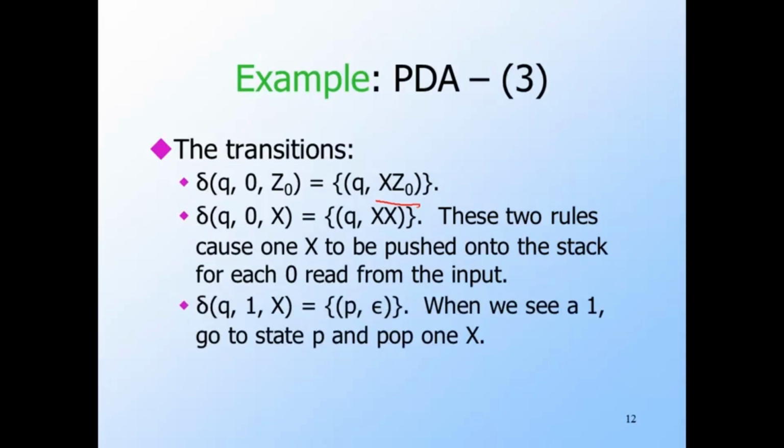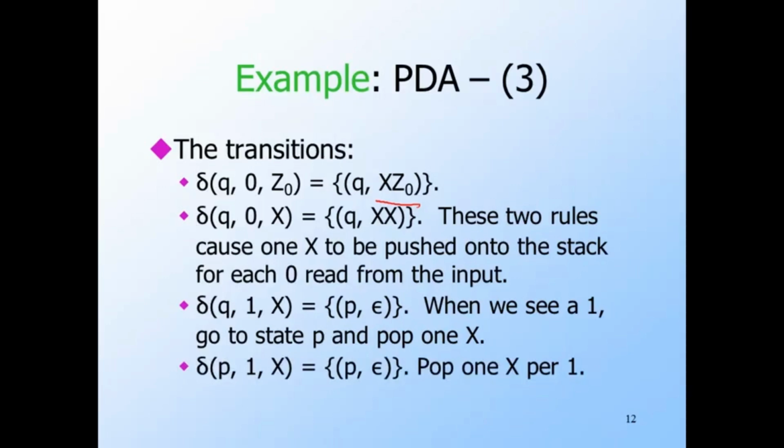When a 1 appears at the front of the input, if X is on top of the stack, then we go to state P and pop the top X. Notice that there has to be an X on top of the stack, so if the first input is 1, when we still have Z0 on top of the stack, we have no move at all and can never accept. As long as more 1s appear on the input, we stay in state P and pop an X from the stack.